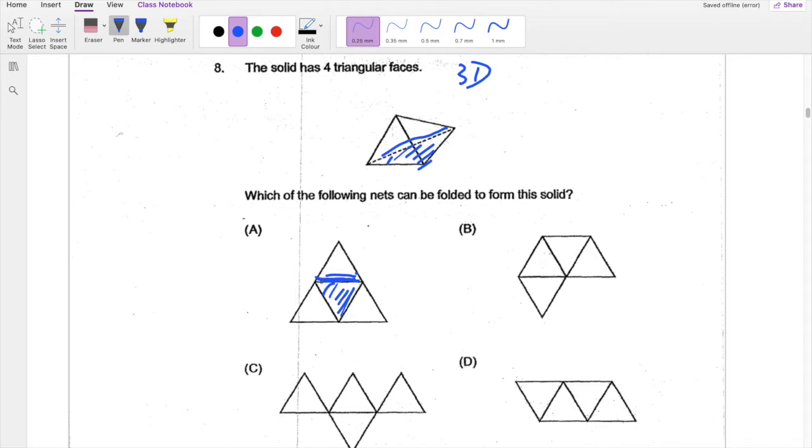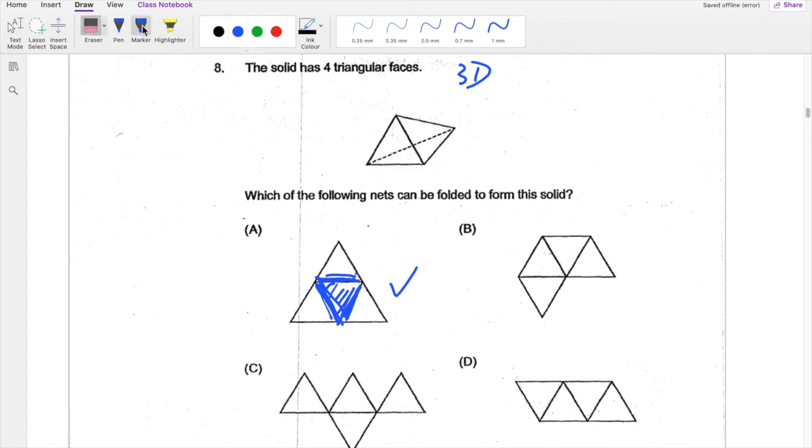Then for this common edge, there is one triangle at our left side. And for this edge, this triangle can be this one. All the triangles do not overlap with each other, so it can form this pyramid. So this one is true.